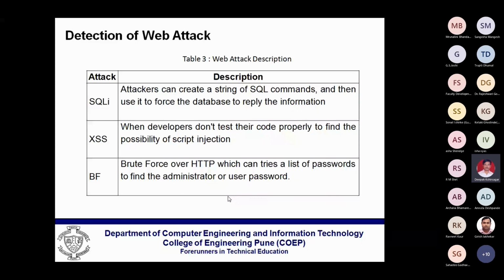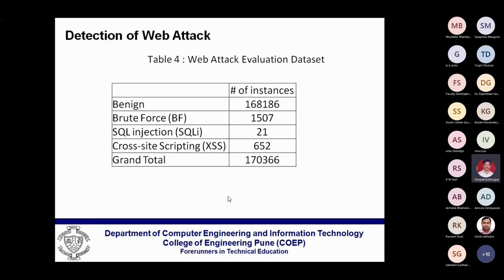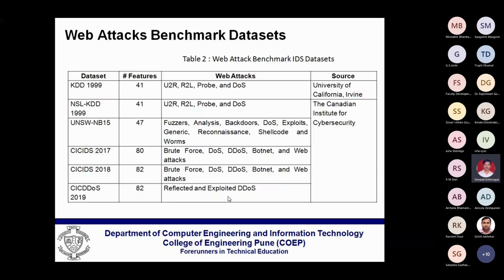Okay, for experimentation purposes, we will take the benchmark dataset from the CIC IDS 2017 dataset. So how optimization plays a very important role in attack detection. The CIC IDS 2017 dataset consists of 80 features, which is greater than KDD, NSL KDD, and UNSW NB15.